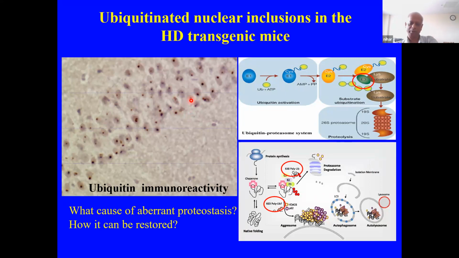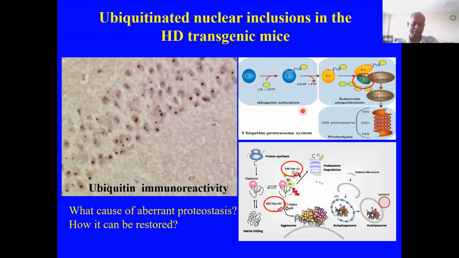Now you think about the problem. Here, the cell is trying to target the abnormal protein by using ubiquitin, right? Which means cells have an inherent strategy, or cells are trying hard to degrade this abnormal protein through the typical pathway that is known as the ubiquitin proteasome system.